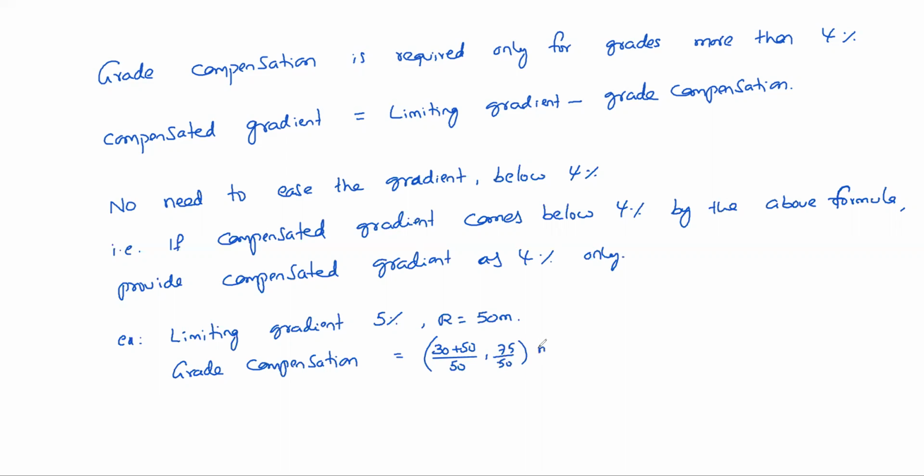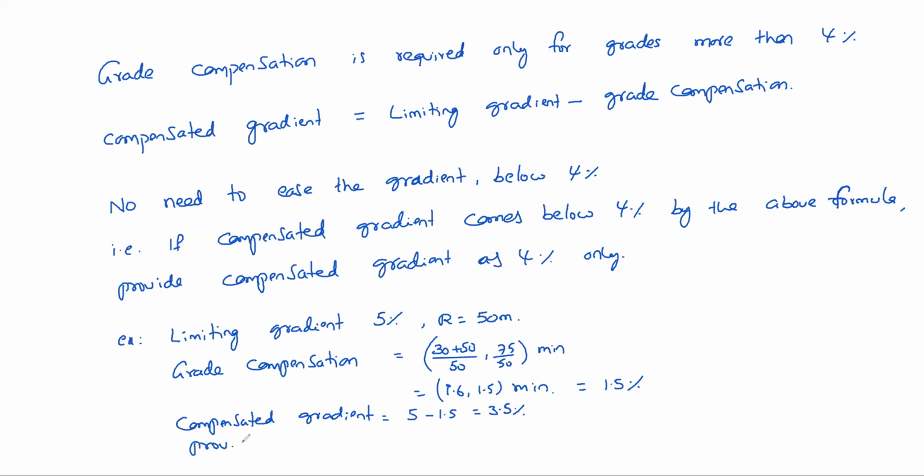That is the minimum of 1.6 and 1.5, so grade compensation is 1.5%. So the compensated gradient equals 5 minus 1.5, that equals 3.5%.